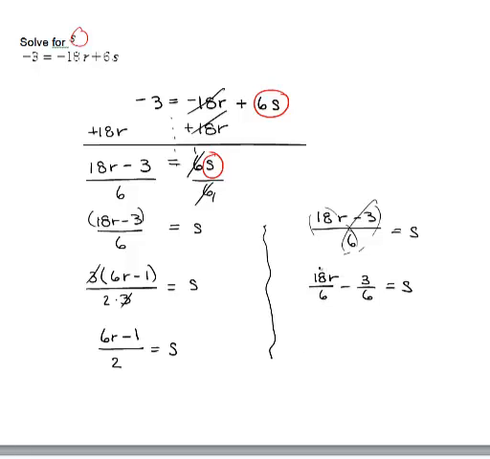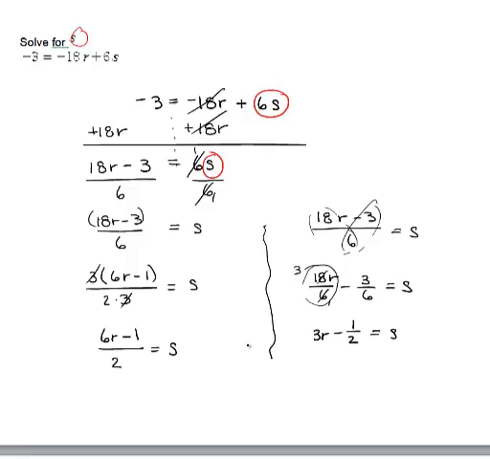Now I can look at this and I notice that 18 and 6 have a common factor. 6 goes into 18 3 times, so I'm left with a 3r, and 3 over 6 can just simply be reduced to 1 over 2, and that's s.